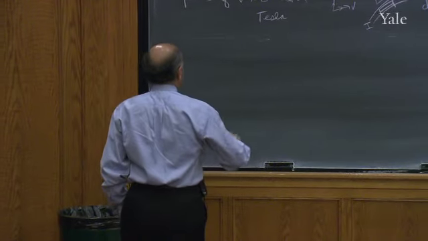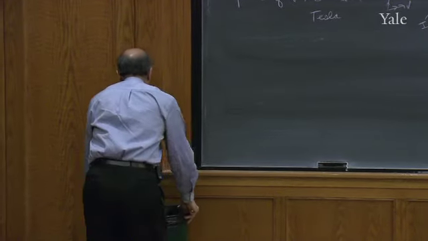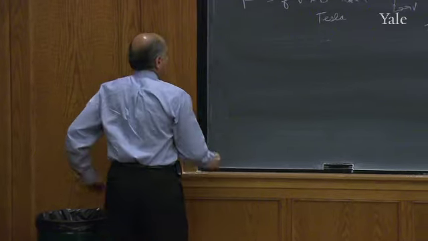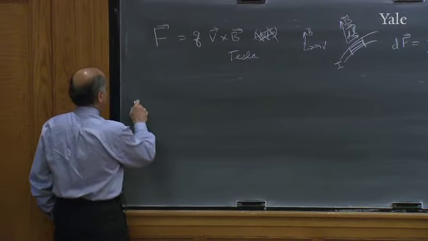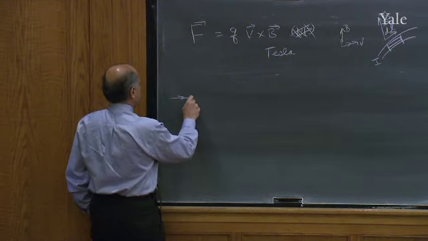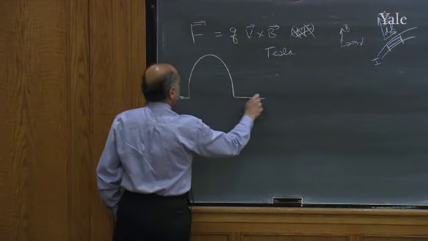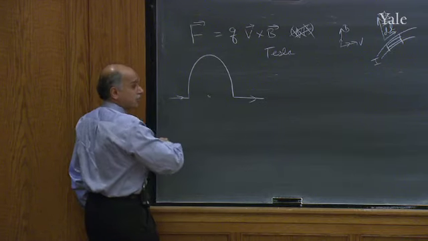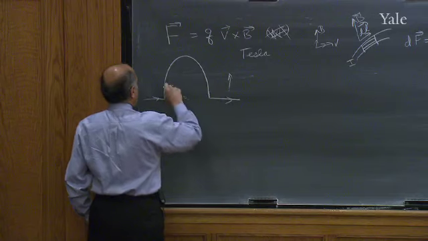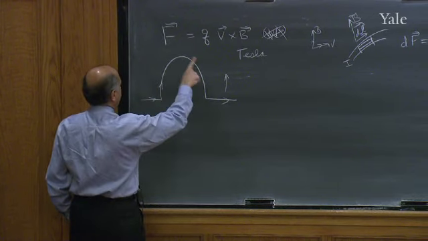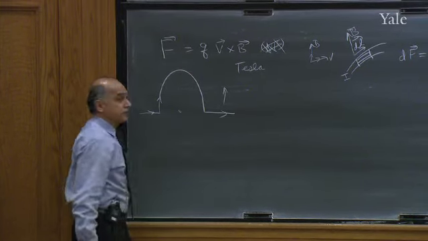So this is the first half, and I tried to do a problem near the end. Let me repeat that, because I think I switched coordinates in the middle. I wanted to do this problem. That's a wire. This is a semicircle. I'm not worried about this portion and this portion. I just want to know what is the force on this segment here.